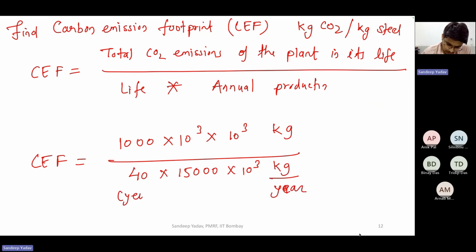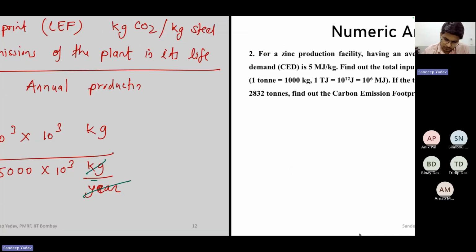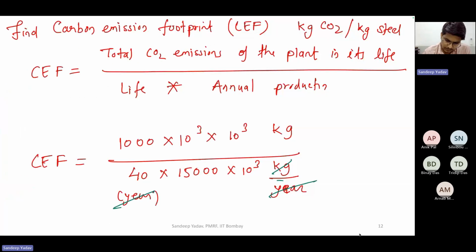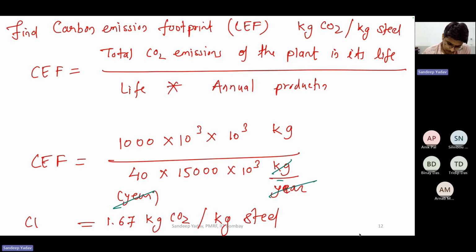This is per year, so these two will cancel out, leaving kgs to kg. If we multiply all these things, you will get around 1.67 kg of CO2 emitted per kg of steel.